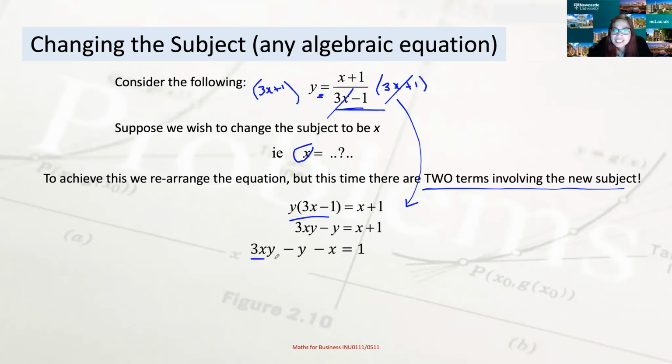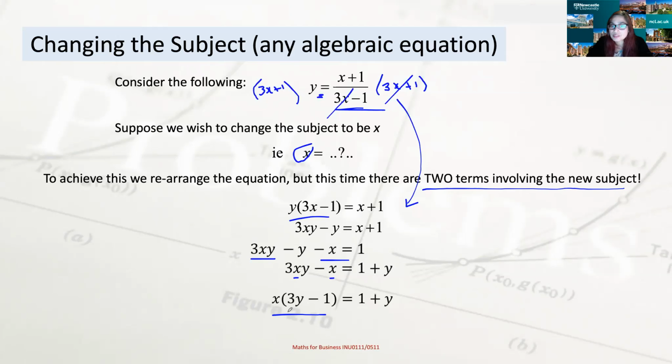Now I can see that this term has x, this term has x. So I'm going to write x as common, and bring all the other things to the other side. Now I have x terms here, so I can write x as a common factor, and I'm bringing the bracket back. Look at that, how beautifully we are doing it. Here we removed the bracket, now we are bringing back the bracket because we want to factorize. Here we simplified, then factorized.